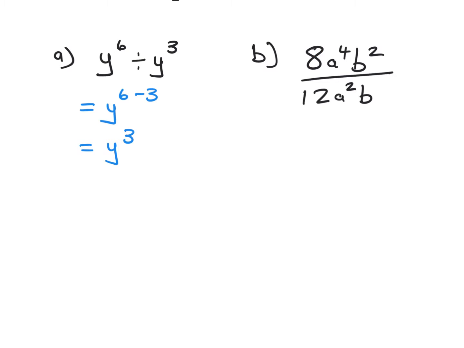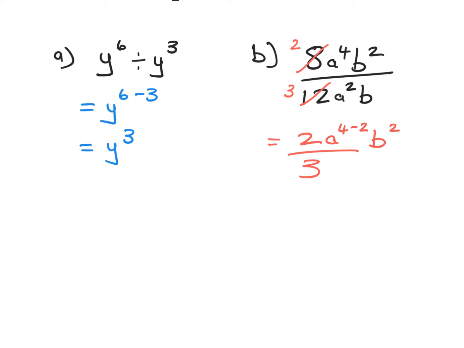So I can simplify my whole numbers over here. 4 goes into 8 twice, and 4 goes into 12 3 times. So I can write that as 2 over 3 already. And because we are doing a division, I can actually move these up to the top. So I'll do it like this. A to the power of 4 minus 2.